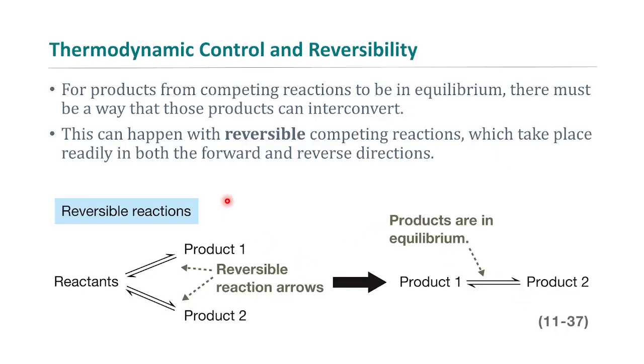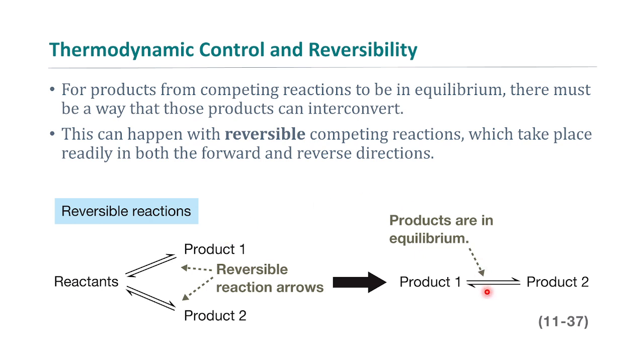So for products from competing reactions to be in equilibrium, there must be a way the products can be interconverted one to another. And typically this is not going to be directly. This will be back through the reactants, though it can happen directly. It's very unusual. So here we have reversible reactions. When we have reversible reactions, these are going to keep going back and forth over and over and over as we wait in this reaction at equilibrium.